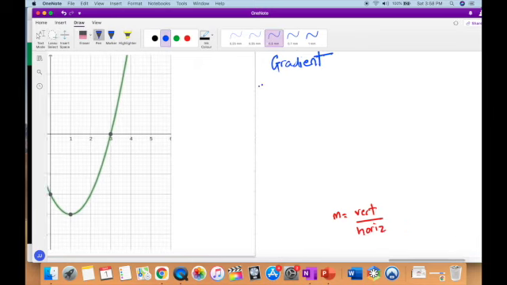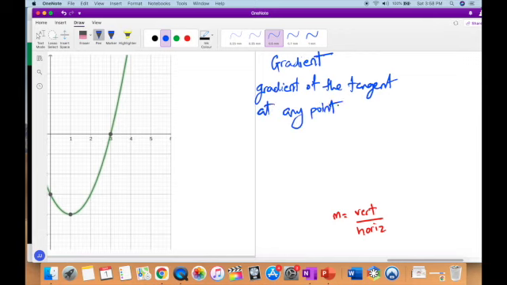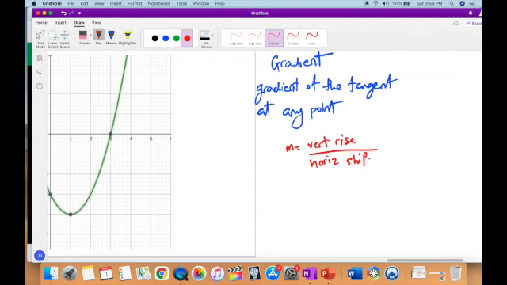So we could find the gradient of the tangent at any point, and that is this formula here: the vertical rise, which is essentially y2 minus y1, all over the horizontal shift, which is x2 minus x1.